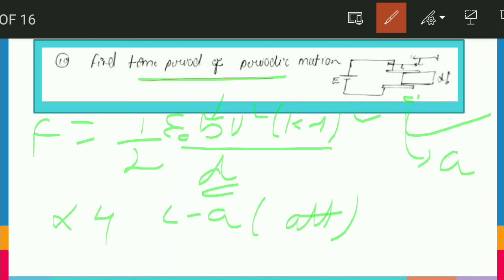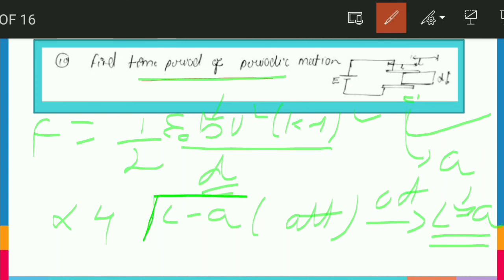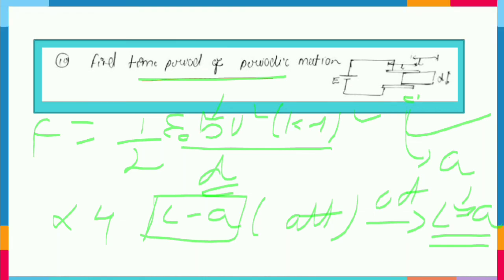Then it will start getting out, and again by symmetry it will come out up to a length of L minus A. Again it is attracted by the force, and again it will travel L minus A. In this way the four motions will take place. So let's calculate for just L minus A, how we proceed.